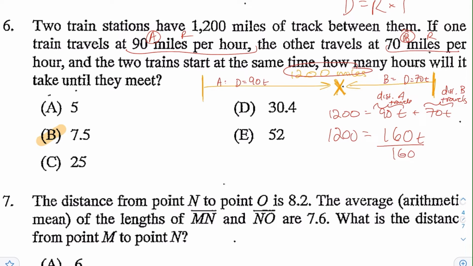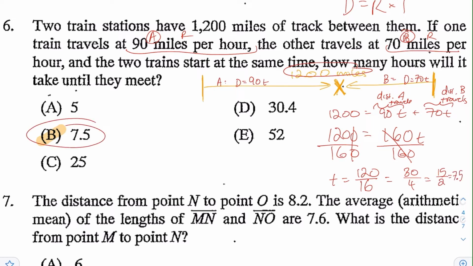So if you divide both sides by 160, you have 120 divided by 16. And if you divide the numerator and the denominator by 4, you get 30 over 4, which is 15 over 2, which is 7.5. So that choice is actually here. So the answer will be choice B. They'll meet after 7.5 hours.